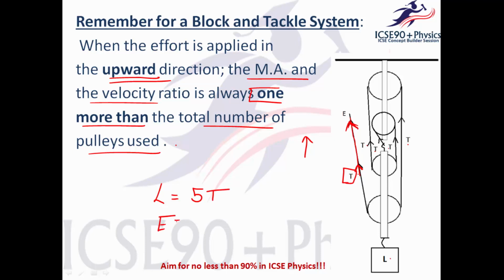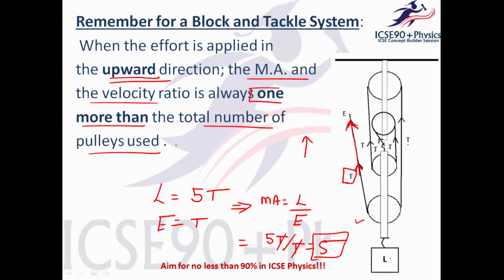The effort is equal to T again, and as a result mechanical advantage is equal to load upon effort, which is nothing but 5T upon T, which is again 5. Now notice this 5 is 1 more than the total number of pulleys.